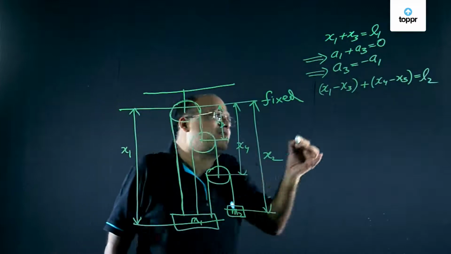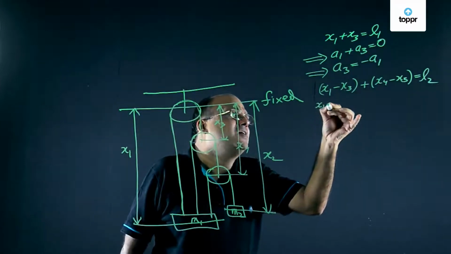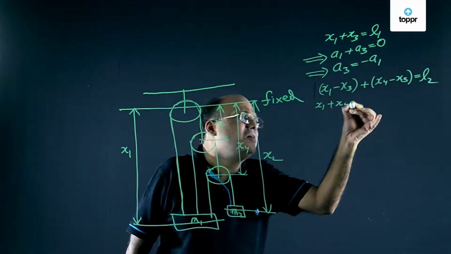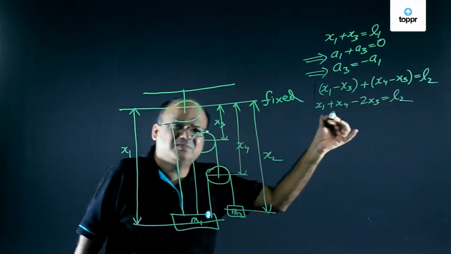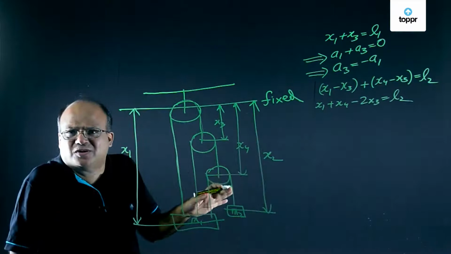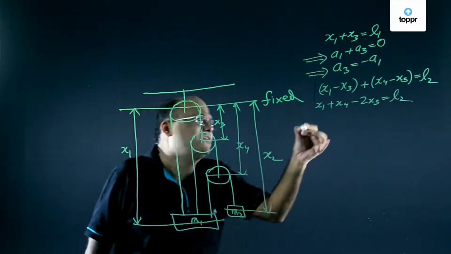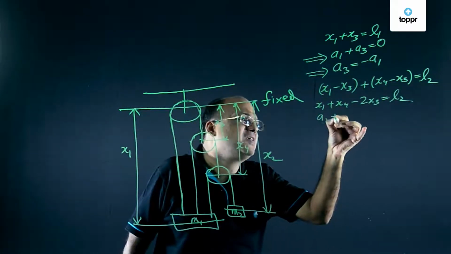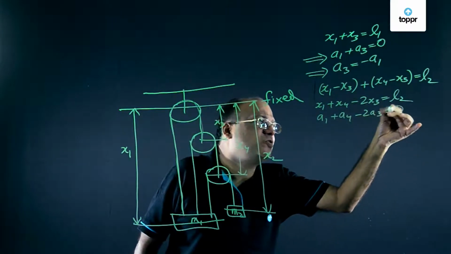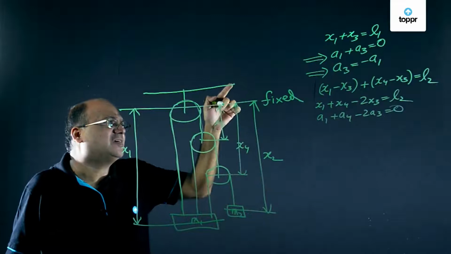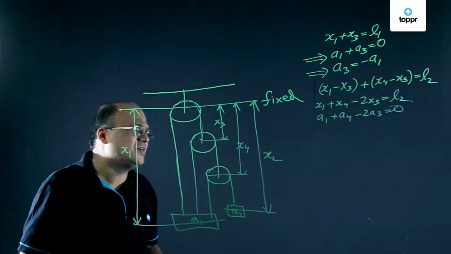To simplify this, you will get x1 plus x4 minus 2x3 equal to L2. Again we will differentiate this equation twice with respect to time. So we will get A1 plus A4 minus 2A3 equal to 0. But what is A3? A3 is minus A1.